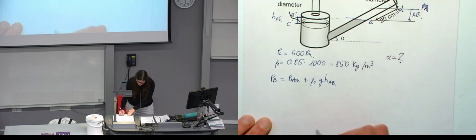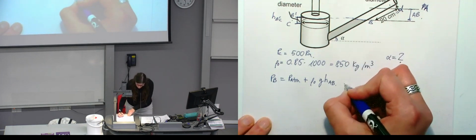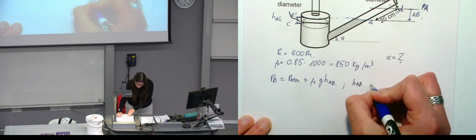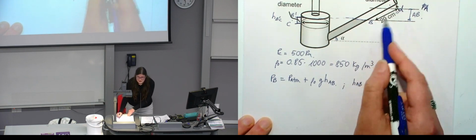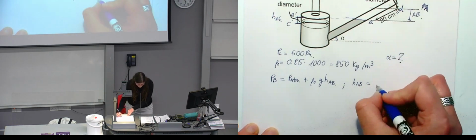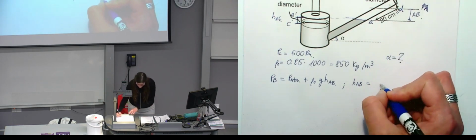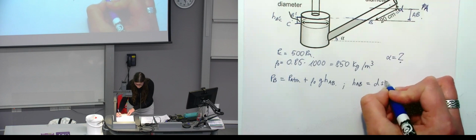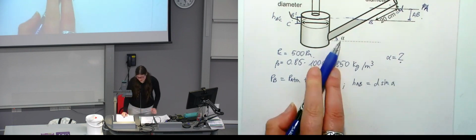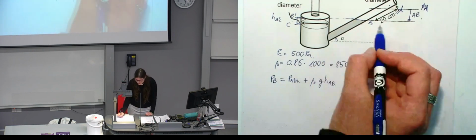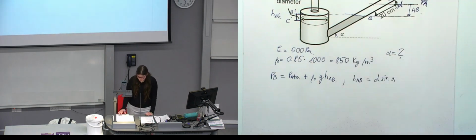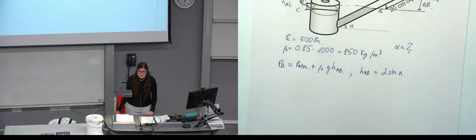So HAB will be this distance d multiplied by the sine of alpha, because this angle is the same as this angle. So this is the pressure at B.